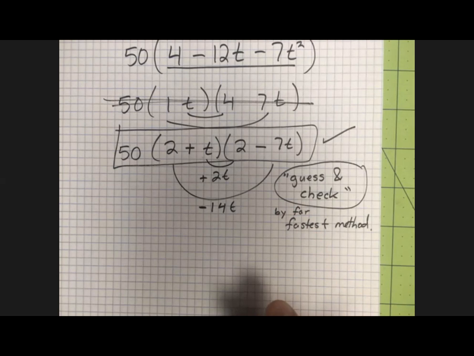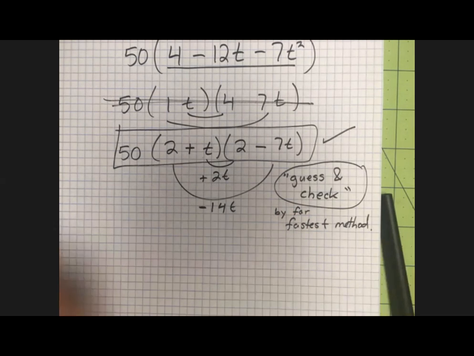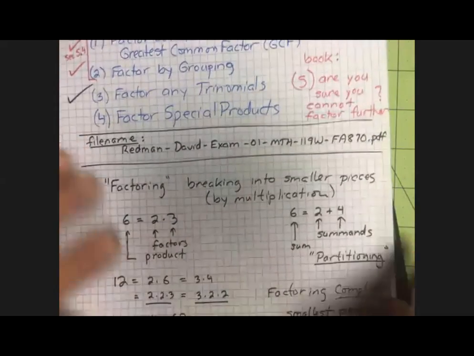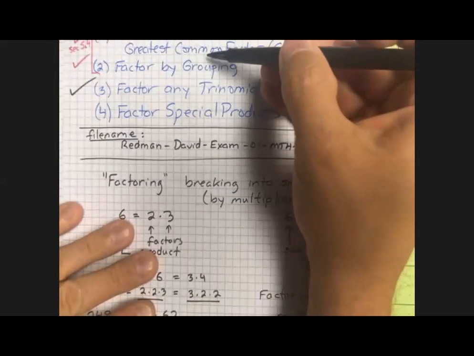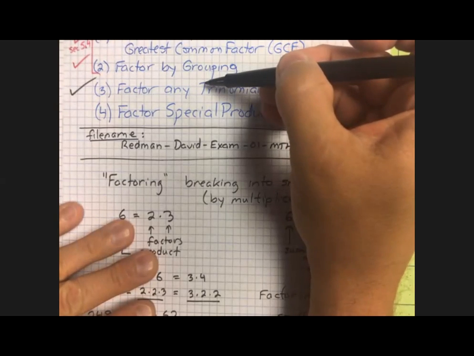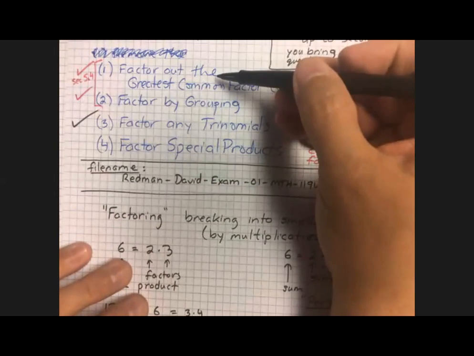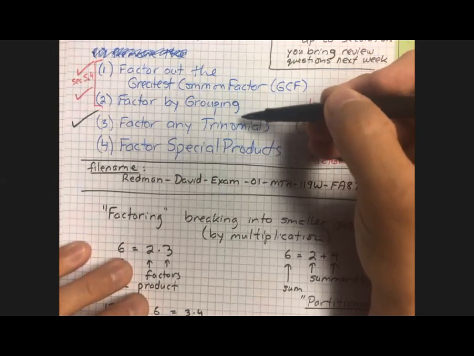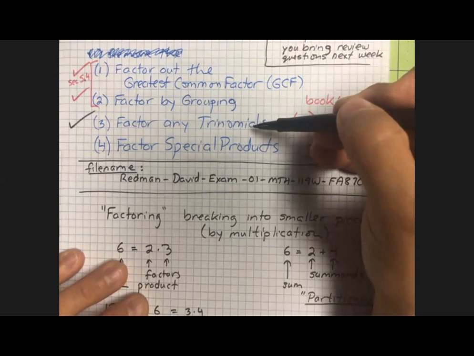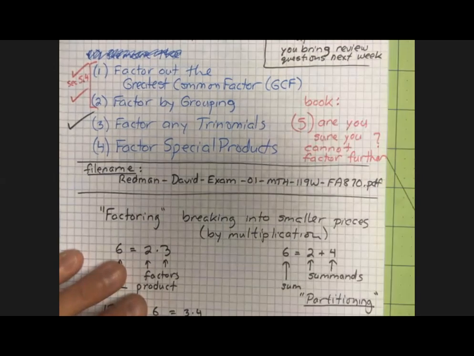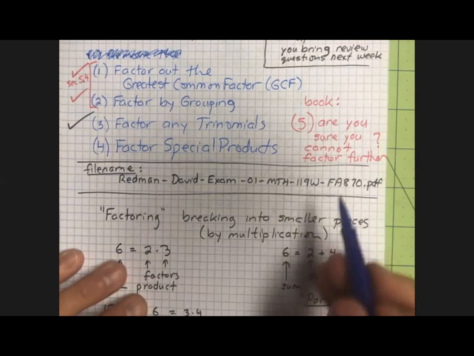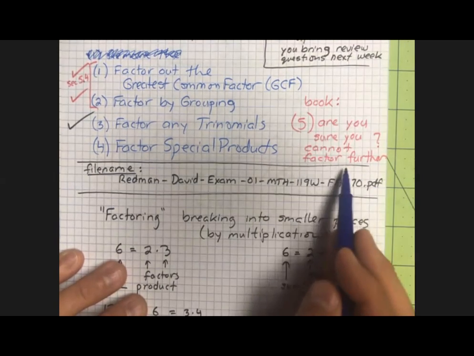Okay, we gotta wrap it up, so we're going to close it out here. I got one more thing on my checklist, which I'll show you next time. What happens after you run all these dry? What happens after you remove the greatest common factor and you've grouped and you've broken down any trinomial you can? Is it over? And the answer is it is never over until you are certain you cannot go farther.